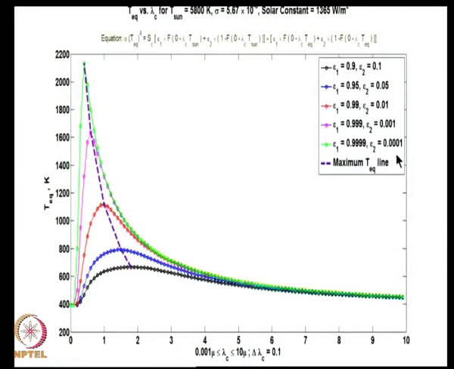Now, the reason why this temperature increases so rapidly as you reduce the cutoff wavelength is because of the fact that the amount of radiation coming from the sun is around 1365 watts per meter square. This is quite large.